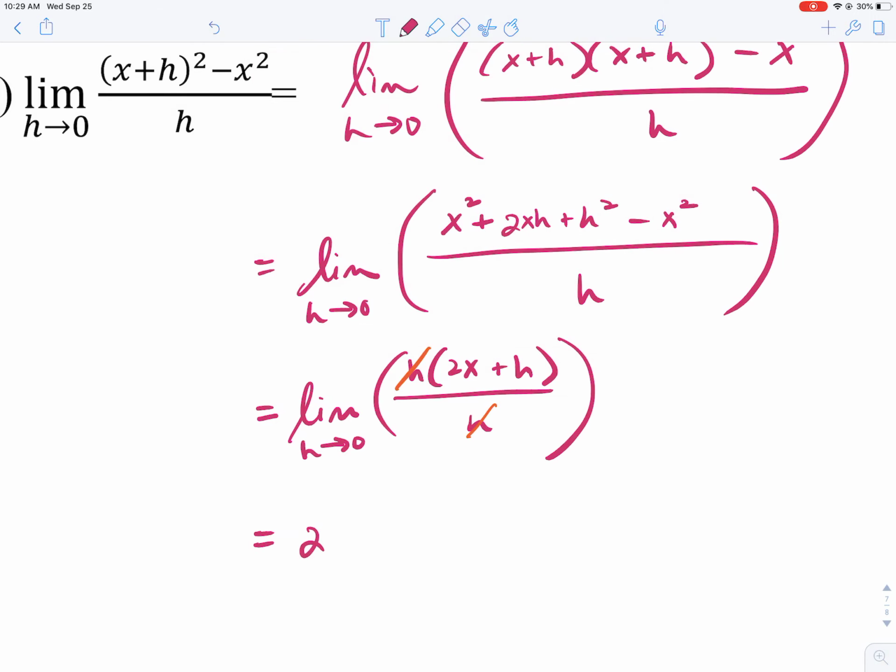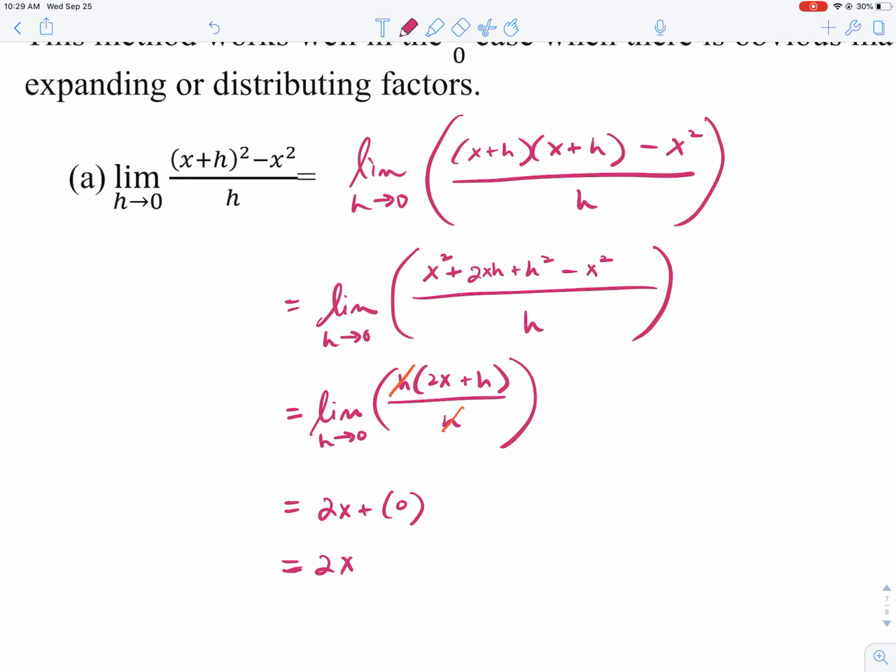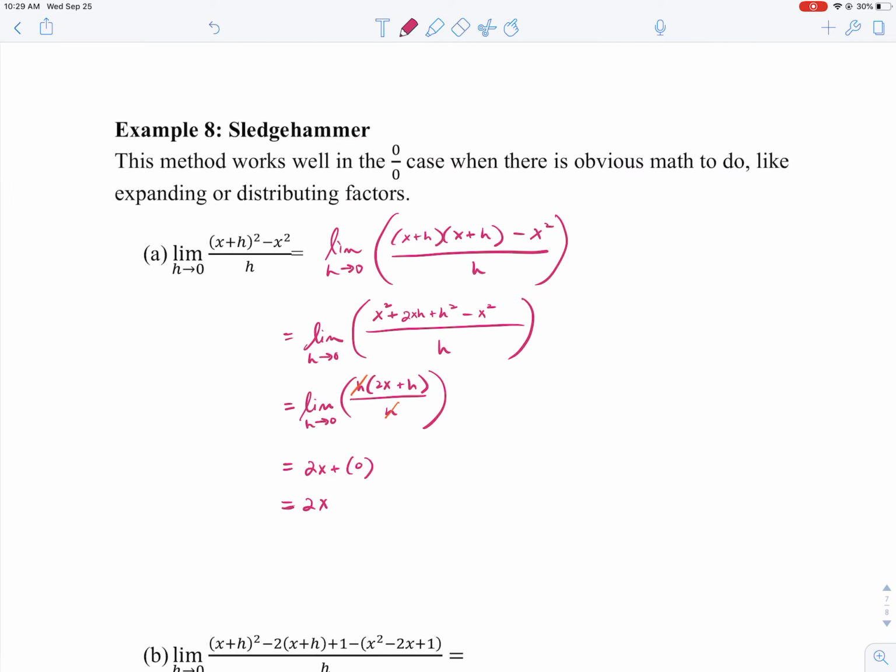And when I use direct substitution, I'm just left with 2x. Okay, and yes, I'm left with a function. You'll see this type of limit is going to lead into what we're studying next. But the limit in this case ends up being 2x.